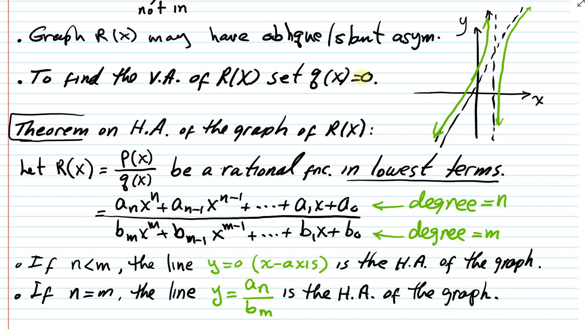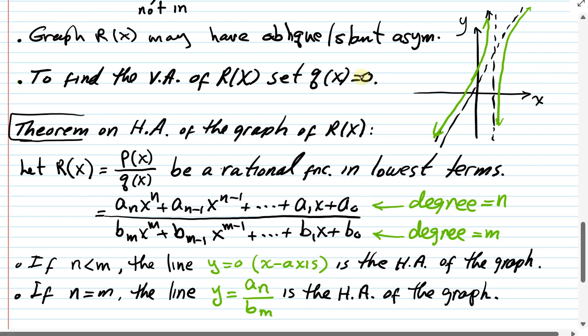That means if there were common factors to p and q, numerator, denominator, the polynomial on top and the bottom, then those were removed. All right, so they have no common factors at this point. So I've written the general form of the polynomial on top and then the general form of the polynomial on the bottom.